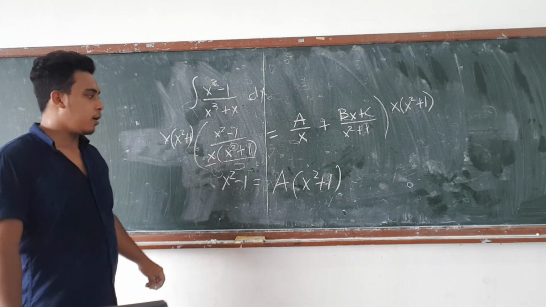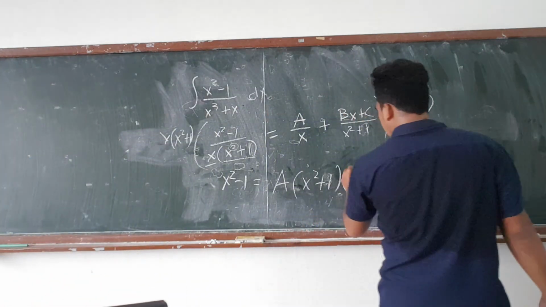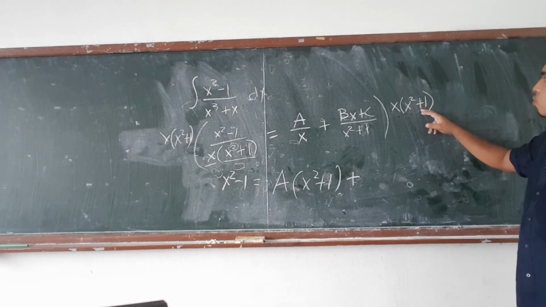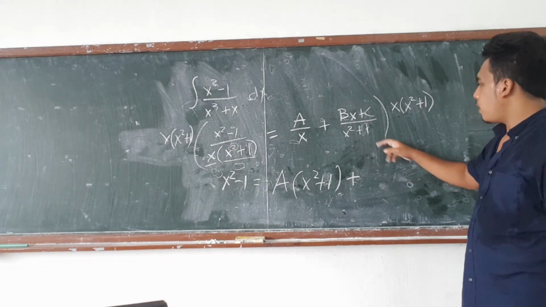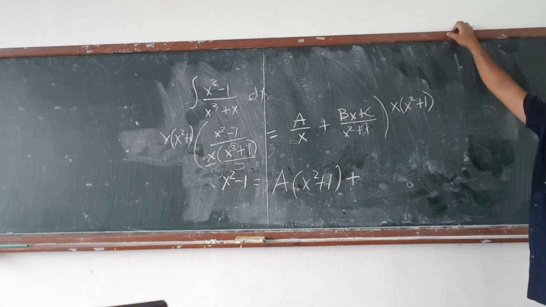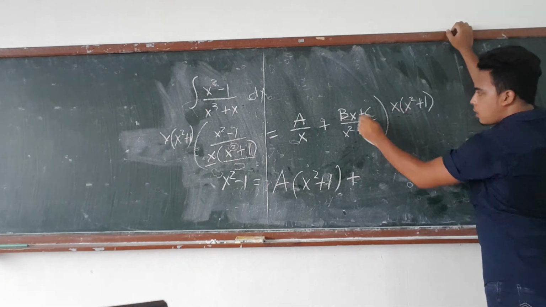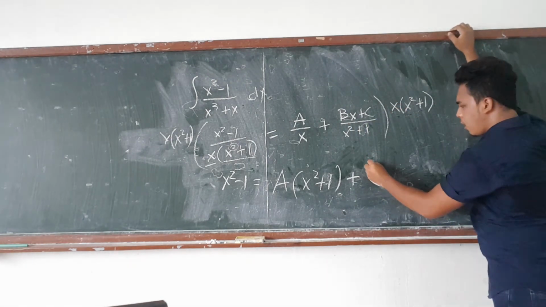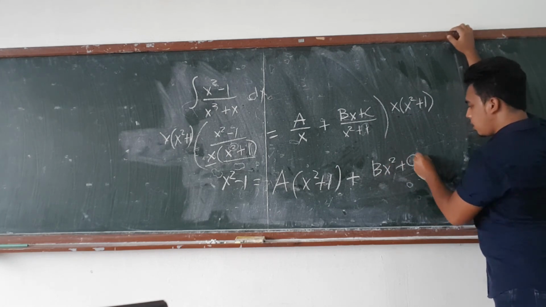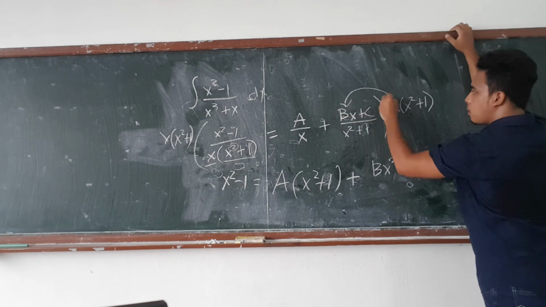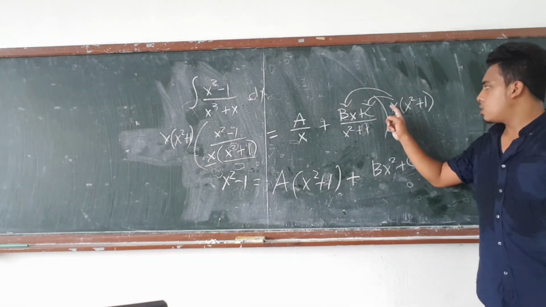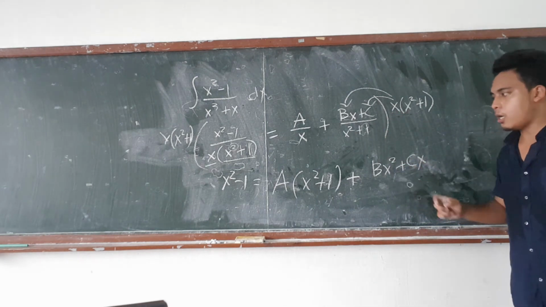Okay? Next will be x times x squared plus 1 divided by x squared plus 1. Then cancel x squared plus 1 and x squared plus 1. So the remaining part will be x times bx plus c. By the use of distributive property, x times bx is bx squared, plus c times x is cx.